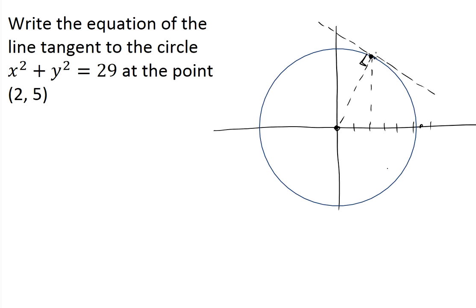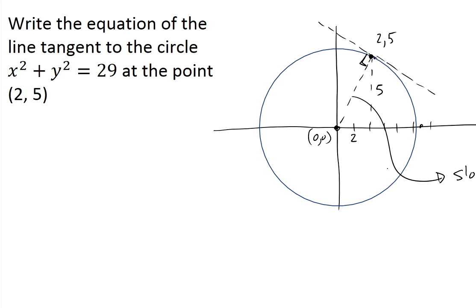Because this point is located at (2, 5), and my origin is (0, 0), I know that the rise is 5 and the run is 2. So this radius has a slope equal to 5/2.